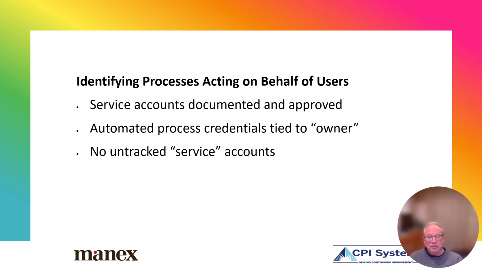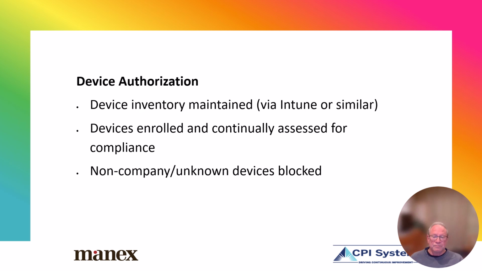Unauthorized or generic service accounts should be eliminated. Only company-owned, registered, and compliance-checked devices make it to your protected network. Intune can automate this, blocking anything that's not registered, up to date, or approved.